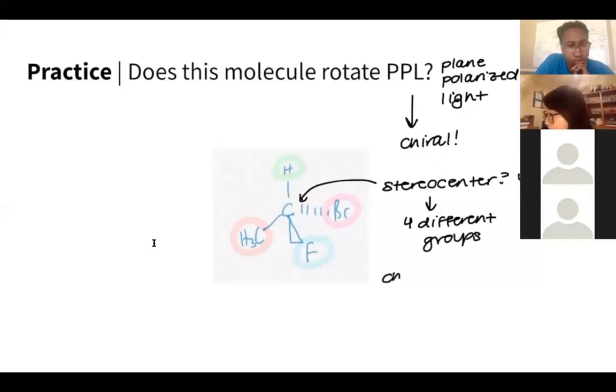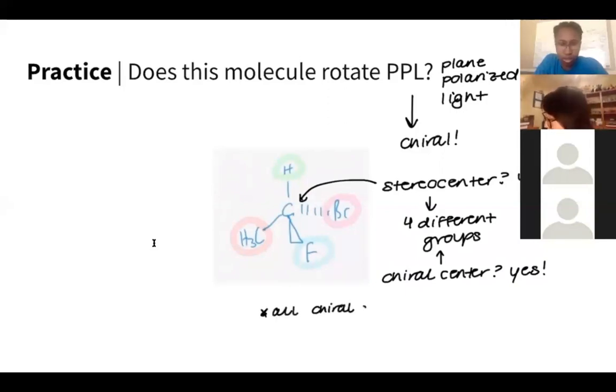And something else you can think about is if he's a chiral center. The way a chiral center is different, if you remember, is that chiral centers are going to have four different groups. So because this is also fulfilled, it is also a chiral center. Something that might help you is that, kind of like squares and rectangles, all chiral centers are stereocenters, but not all stereocenters are chiral centers.